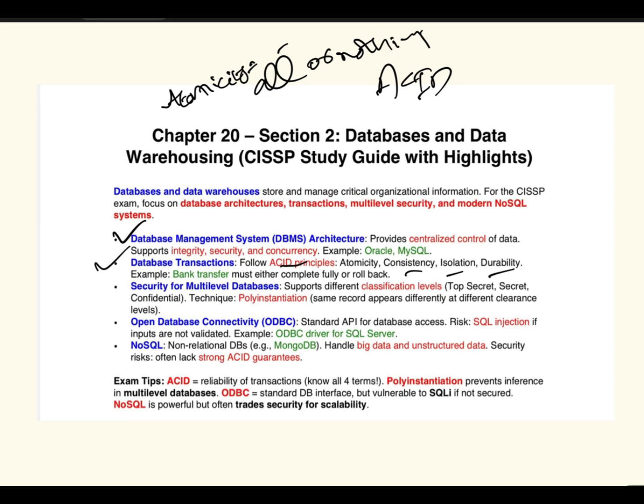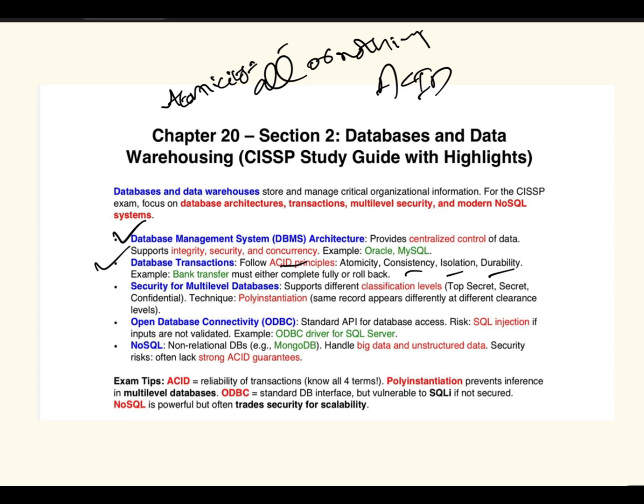Isolation: each transaction runs independently. Two users editing data simultaneously don't interfere. Durability: once committed, data is permanent even after a crash. Transaction logs or backups preserve it.